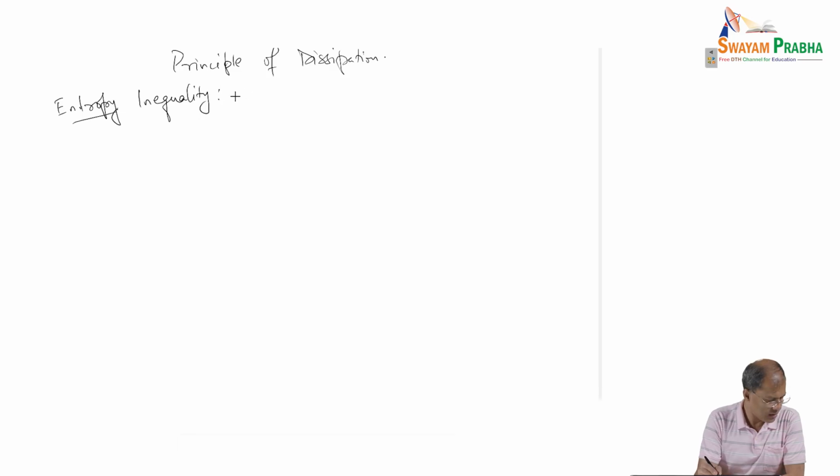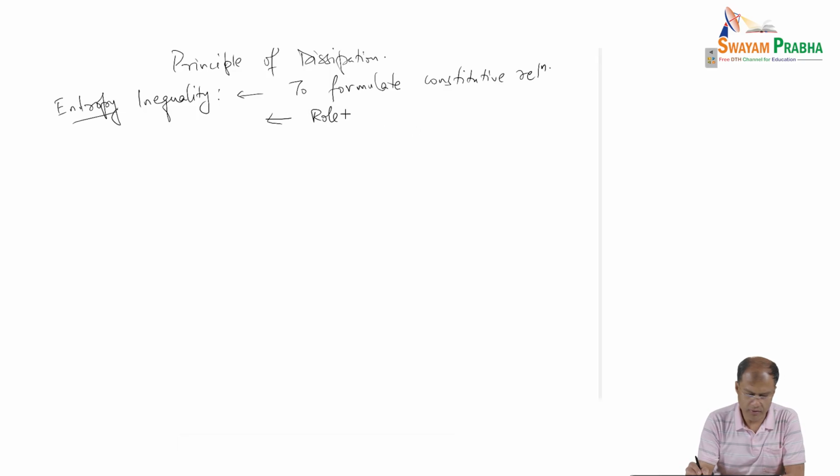To formulate the constitutive relation, we need to understand the role of entropy, as well as the role of internal energy, let's say chi, and the entropy, which is eta.